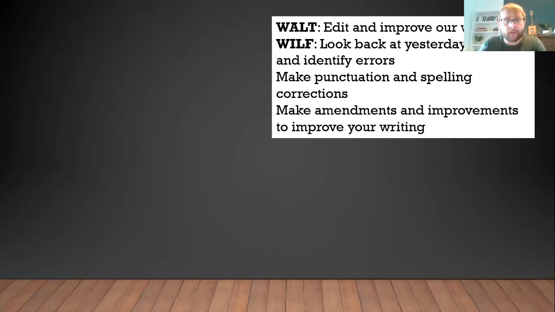I'm going to try and spot them myself. We're then going to make sure we're correcting any punctuation and spelling mistakes that we need to, and there are plenty in there. That's about getting your finger out and reading one word at a time what you've written to check that each word is right. Even if you don't know for certain, that's when you check. If you think, I'm not convinced about that word, then you check it.